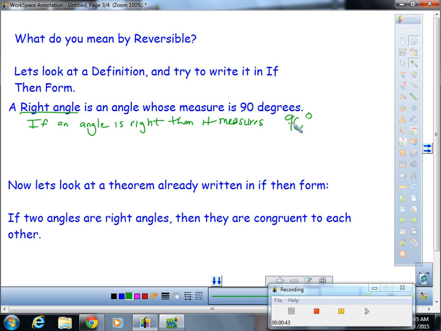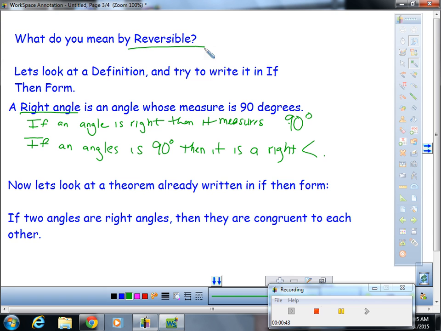What makes this a definition is that I could also write it, if an angle is 90 degrees, then it is a right angle. Okay? So, that is what reversible means. A definition can be written as an if-then statement in either order. They will both be true.